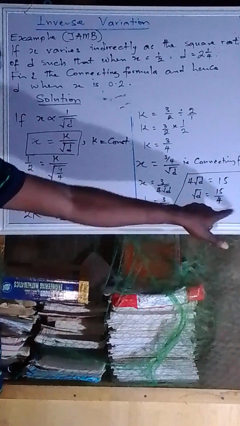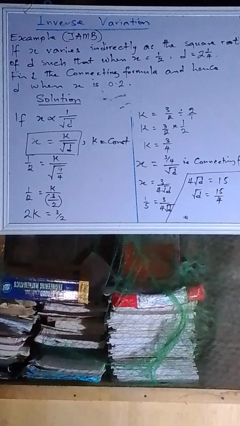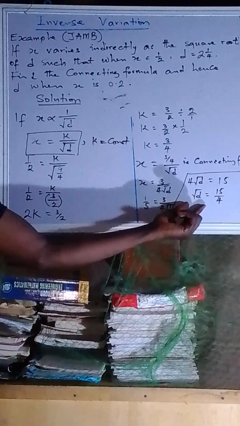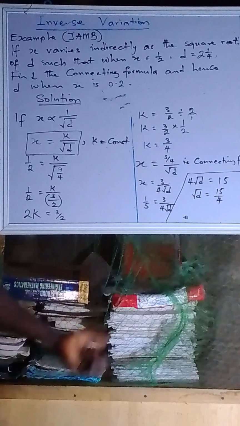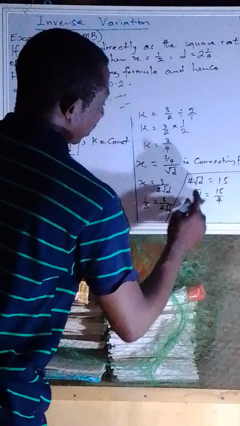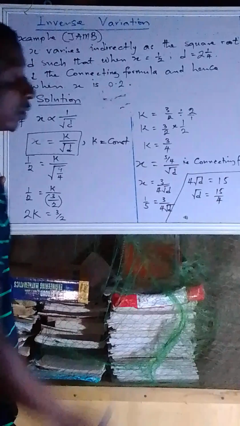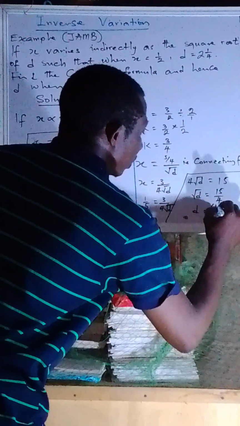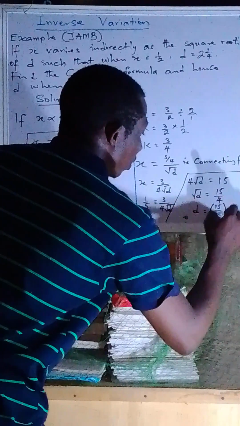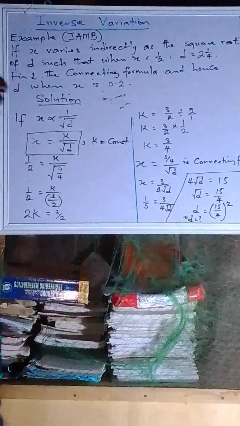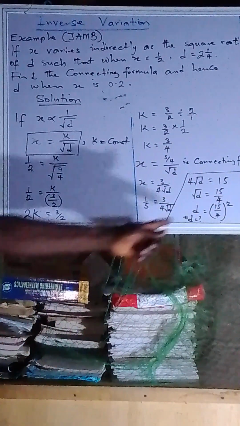Now you take the square of both sides. Whenever I want to remove a square root, I take the square of both sides. So the square root will leave, and we have d equals 15 over 4 squared. So what's going to be your d? I'm giving you that as an assignment.